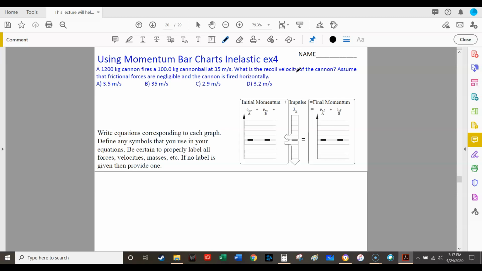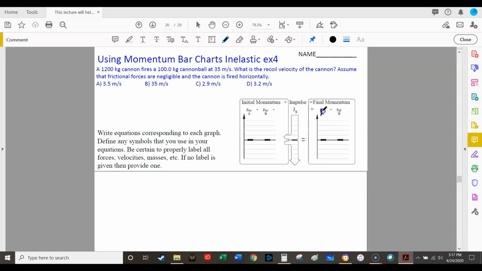So what I want you to do is try the entire process: storyboard this, put your vectors on, label everything in accordance with the coordinate system, and label what your unknown is with a question mark. Do your bar charts, okay? Again, we're going to adjust our bar chart here.